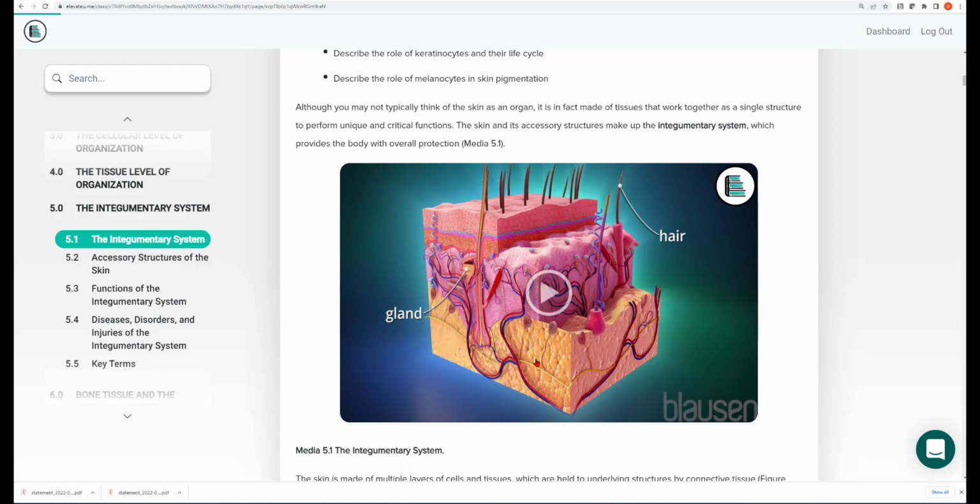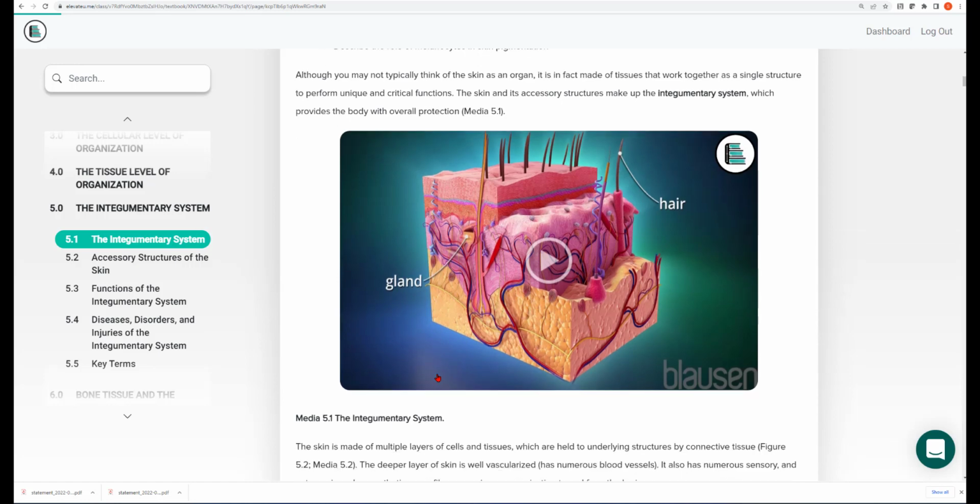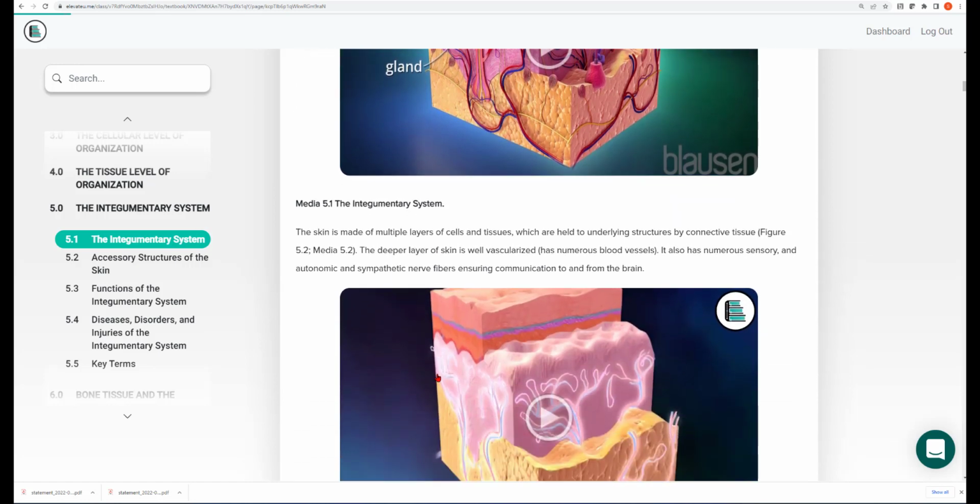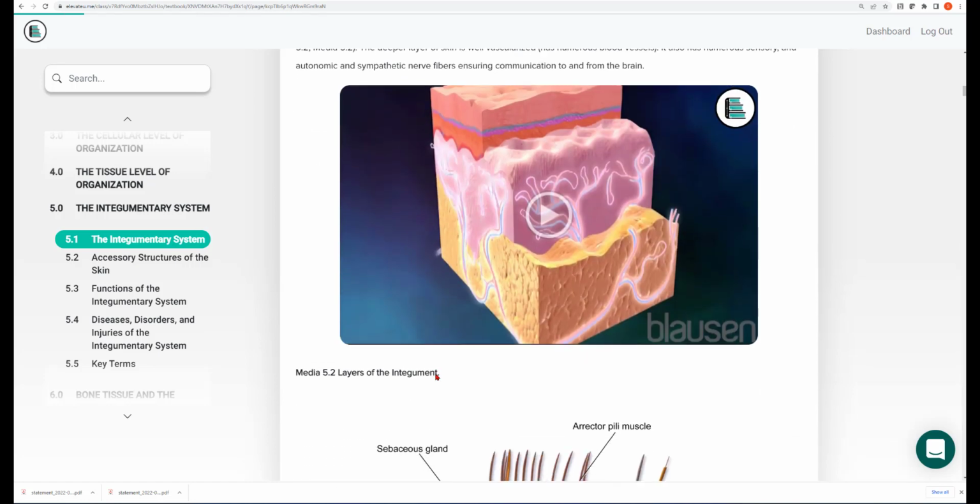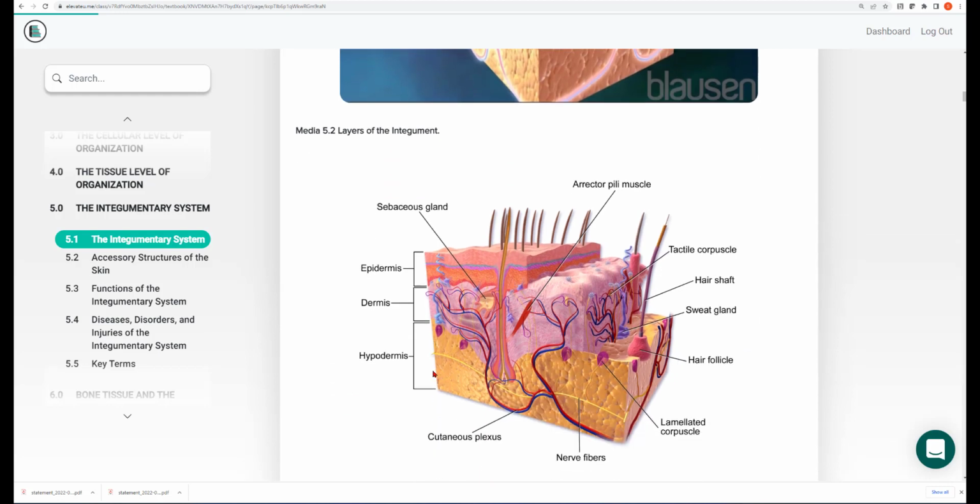This lower area, the adipose layer, the subcutaneous or the hypodermis, is not a part of the integument. It's simply the layer on which the integument sits. If we went deep to the adipose, you would be hitting muscle tissue. So we'll show that to you here in this labeled diagram.